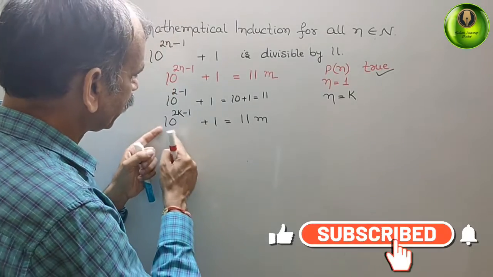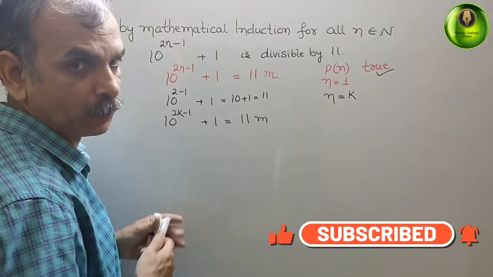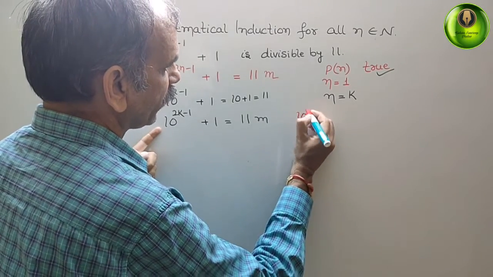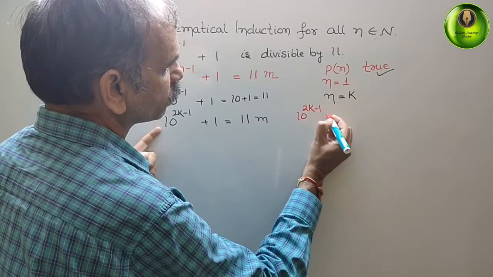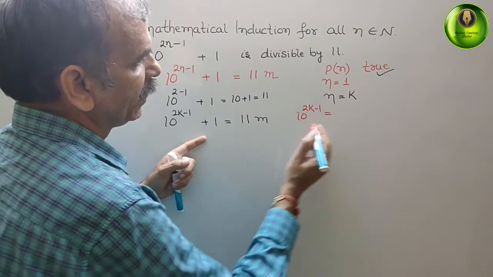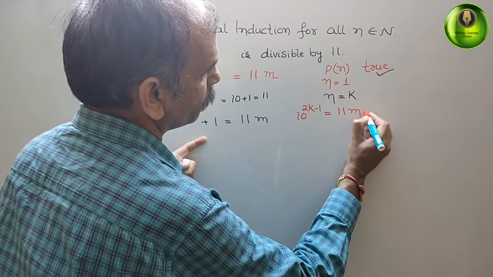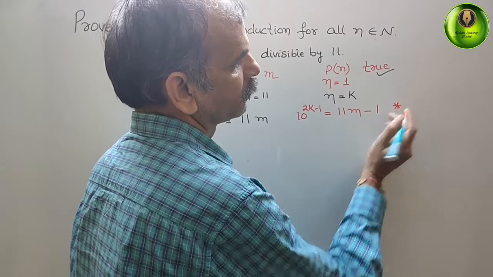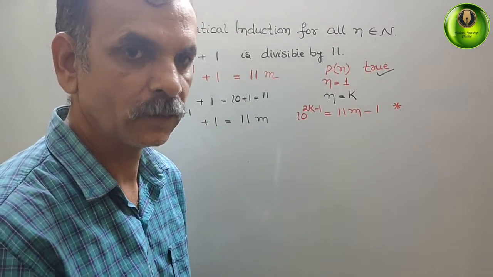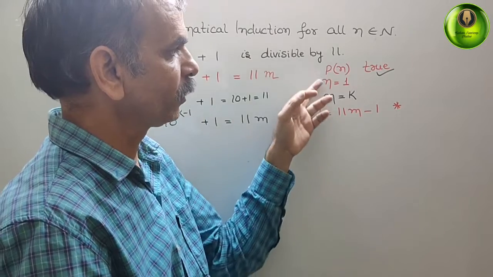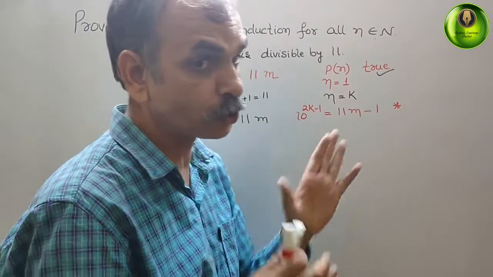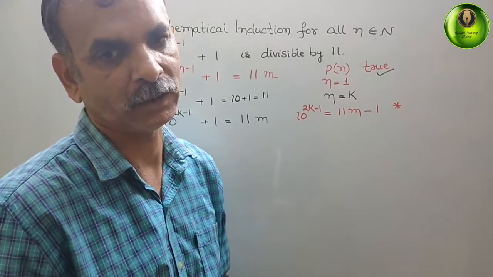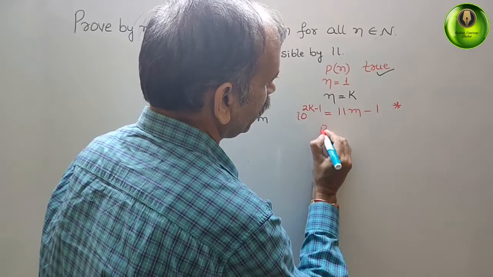So 10 to the power of 2k minus 1 is equal to 11m minus 1. This is your star mark here. Now, if Pn is true, that means Pk is also true. Now we will go for k plus 1, P(k+1).